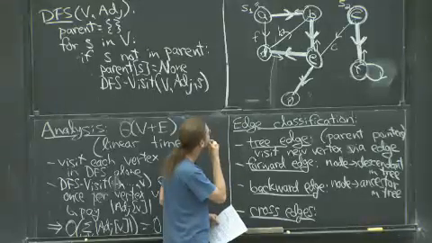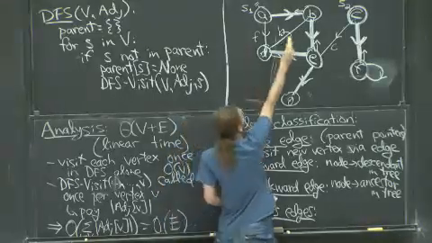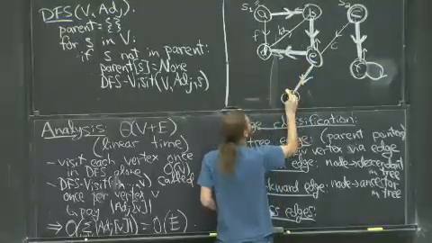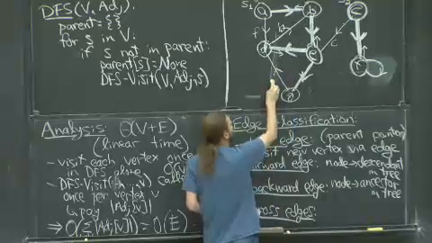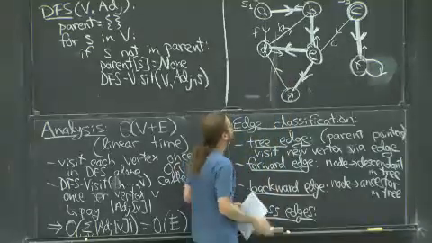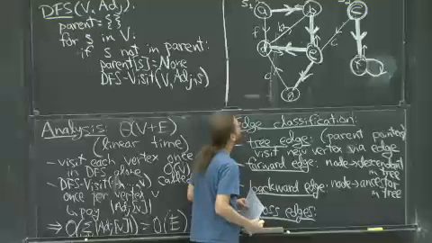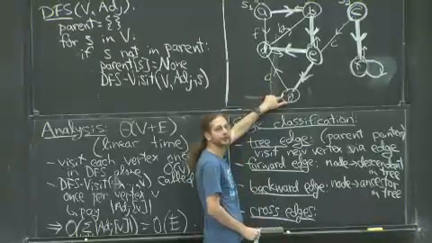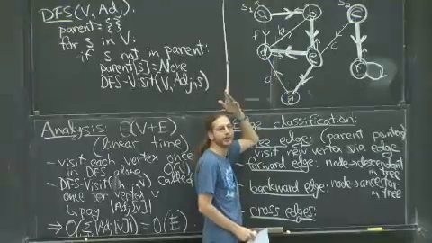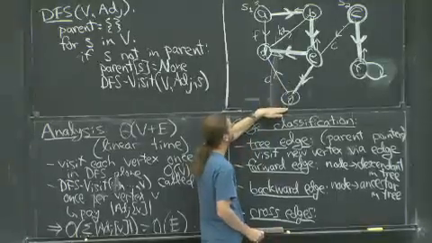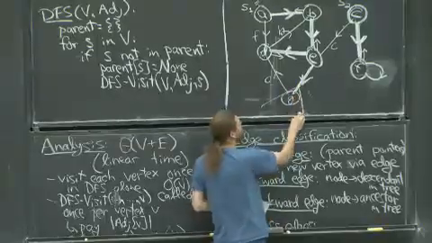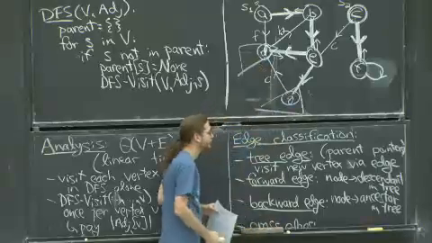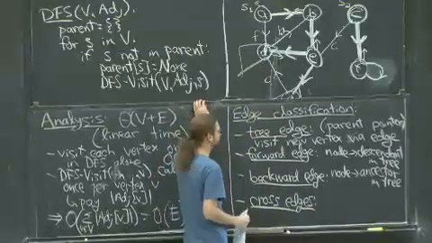For example, let's say I'm visiting D, then I go back to E, I visit G. There could be this edge. If this edge existed, it would be a cross edge, because G and D are not ancestor related. Neither one is an ancestor of the other. They are siblings, actually. Okay, so in general, there's going to be some subtree over here, some subtree over here, and this is a cross edge between two different subtrees.